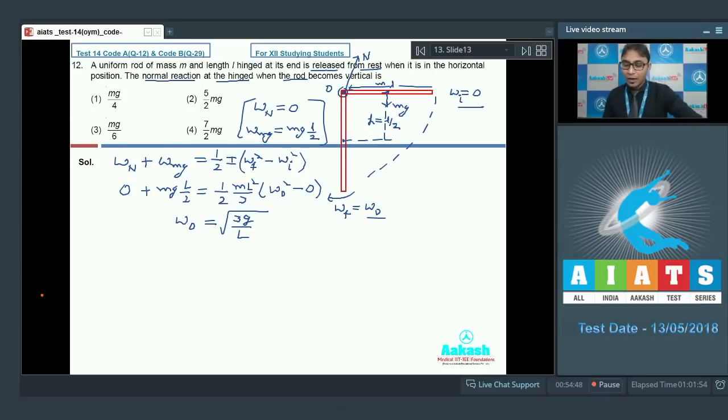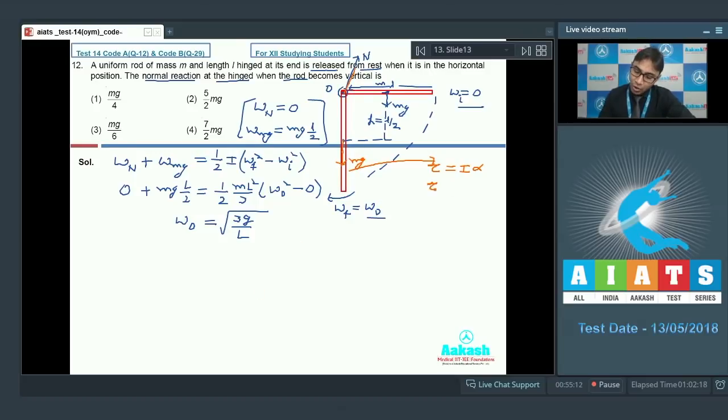Now if I want to find the angular acceleration alpha of the rod at this vertical position, we should use the equation torque is equal to I alpha. In this vertical position, mg acts vertically downward and the normal acts from this point.